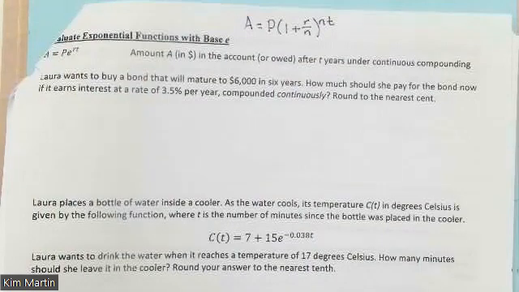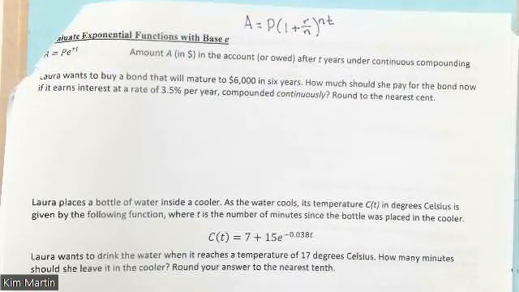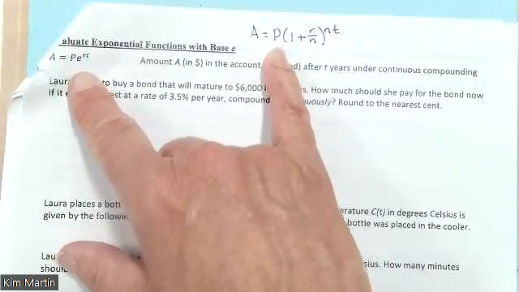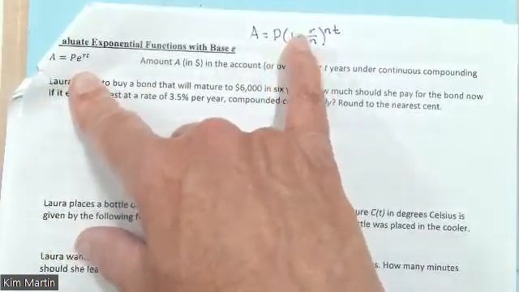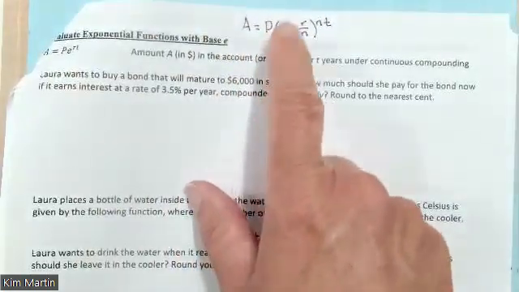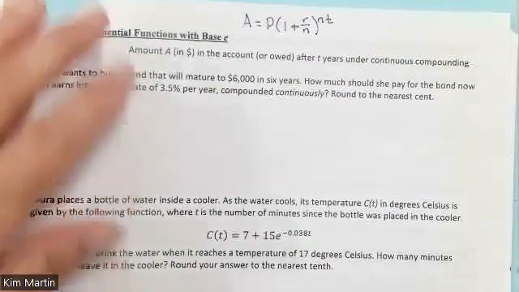I'm not exactly sure what she started with because I don't remember the notes, but you use this formula. The key thing is I'm going to give you both of these formulas. You have to know which one to use. You will use this one for everything.